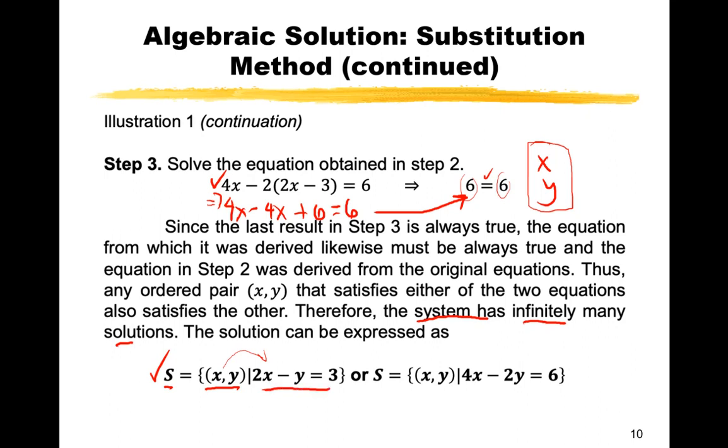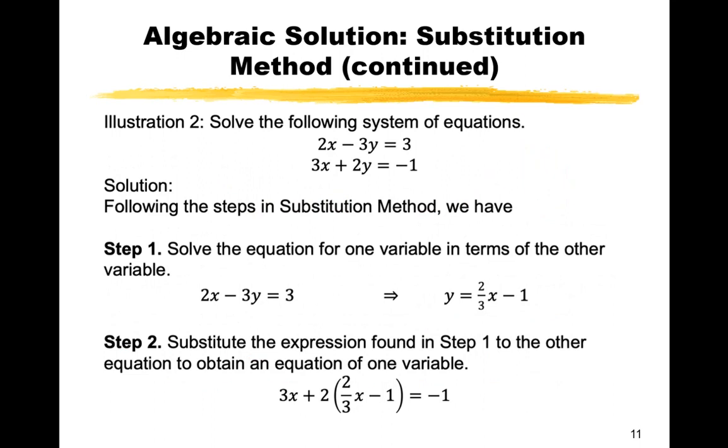Alternatively, we can have a solution set S containing the ordered pair xy such that this ordered pair satisfies 4x minus 2y equals 6. Yun yung interpretation dun sa result na nakuha natin.